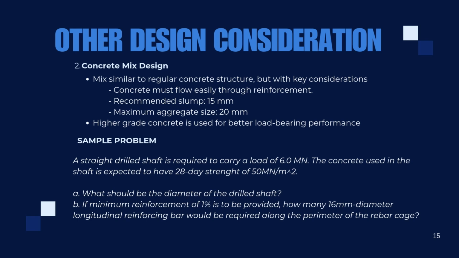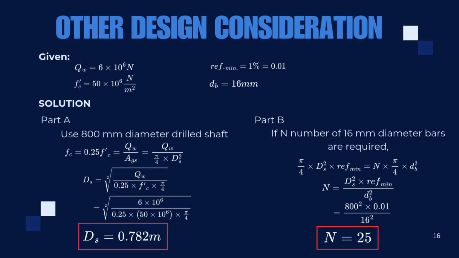B. If a minimum reinforcement of 1% is provided, calculate how many 16 mm diameter reinforcing bars are needed along the perimeter. The drilled shaft is required to carry a load of 6 million newtons, and the concrete has a compressive strength of 15 million newtons per square meter. The minimum reinforcement ratio is 1%, and the diameter of the reinforcing bar is 16 mm.